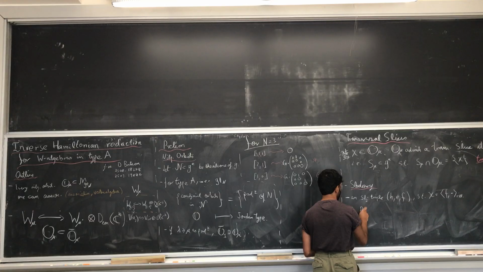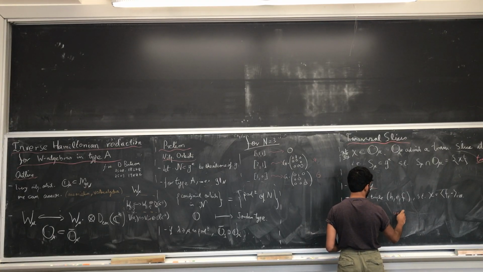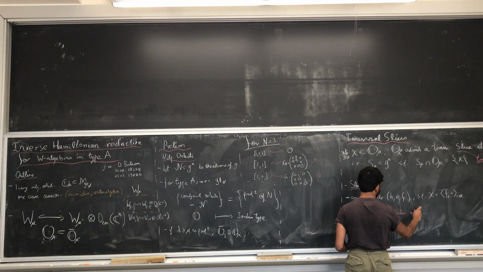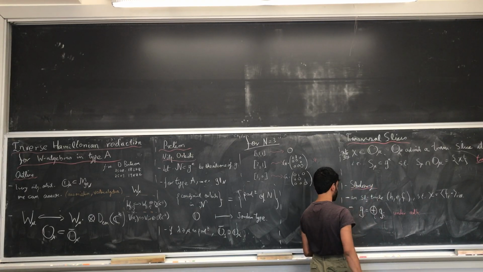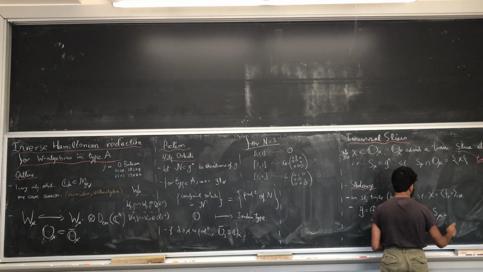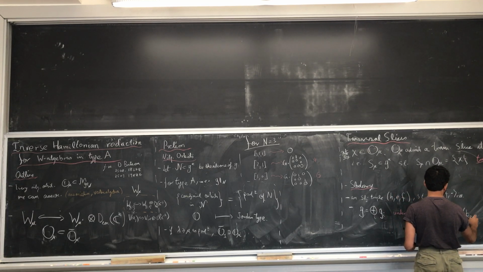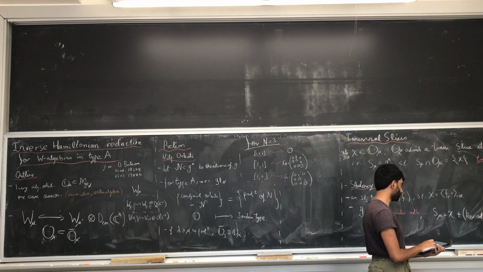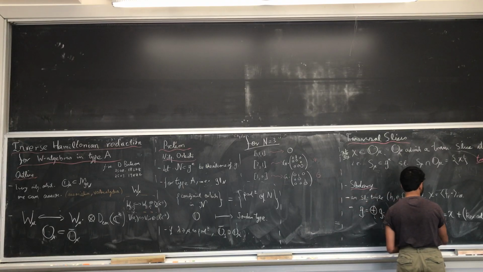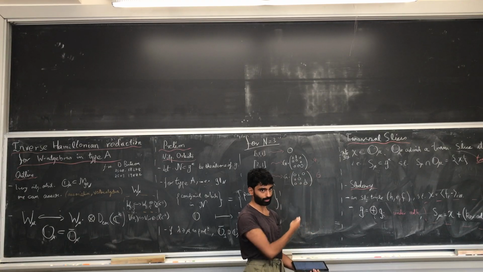So g decomposes into some sum of graded components, g_i, under the adjoint action of this H. And the way I get my slice is I take chi plus the dual of the kernel of the adjoint action of E. So this gives you a pretty simple way of constructing a transversal slice at chi.